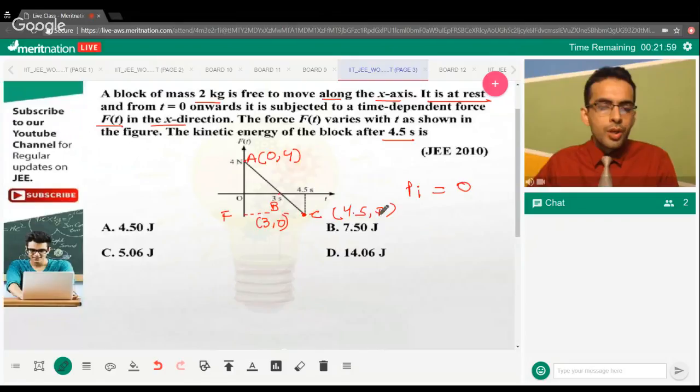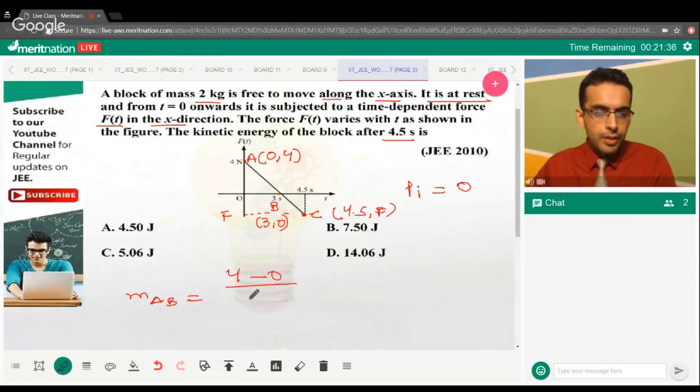Use a simple formula for slope. Just calculate the slope for AB and BC, and you'll get the value of F simply. The slope of AB is (4 minus 0) divided by (0 minus 3), which is equal to minus 4 by 3.